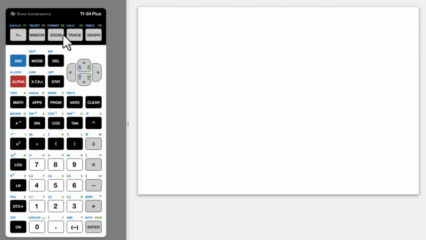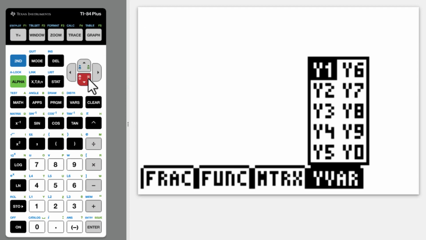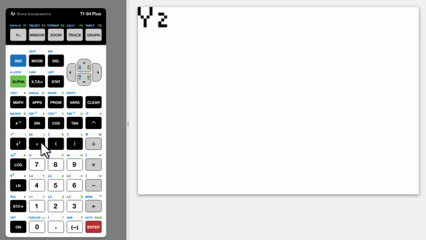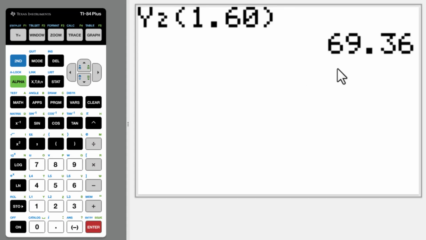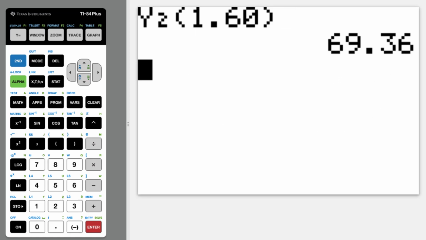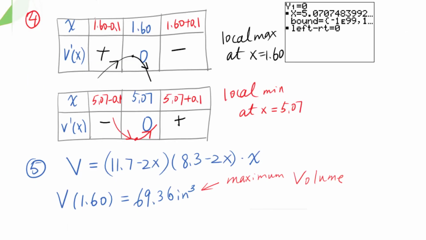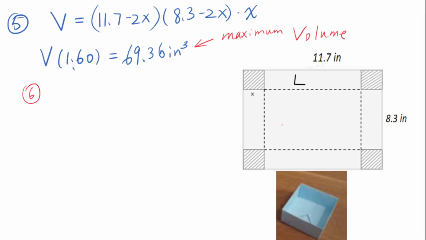Then quit, alpha trace, go to y2, 1.60, enter. Volume equals 69.36 inches cubed. So the maximum volume is 69.36 inches cubed.